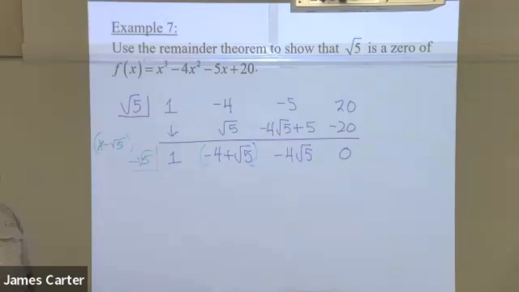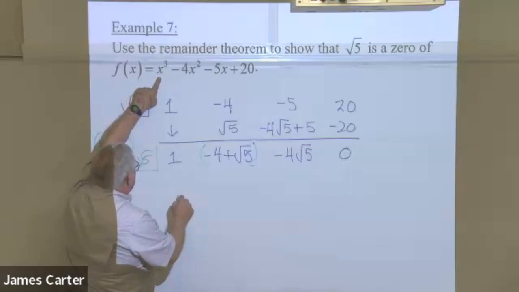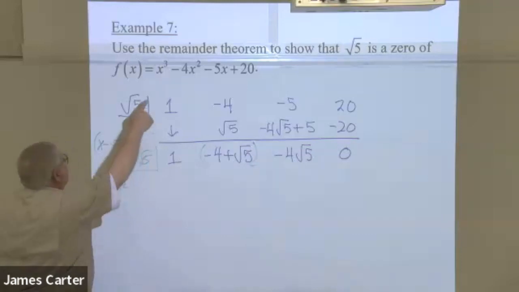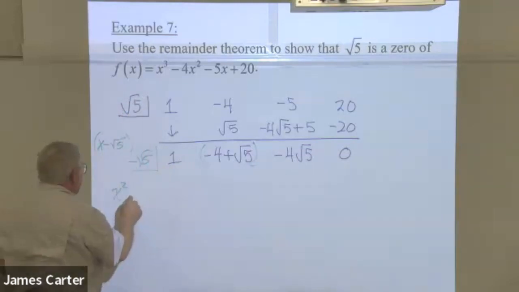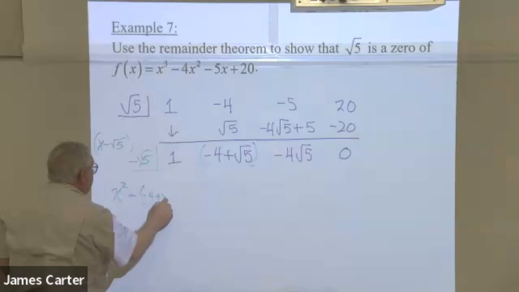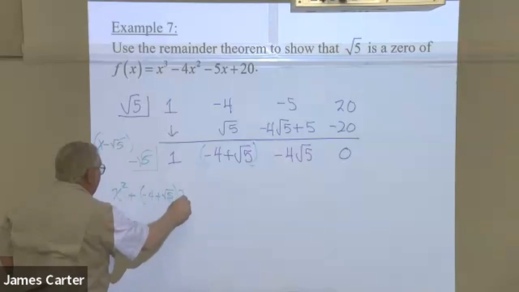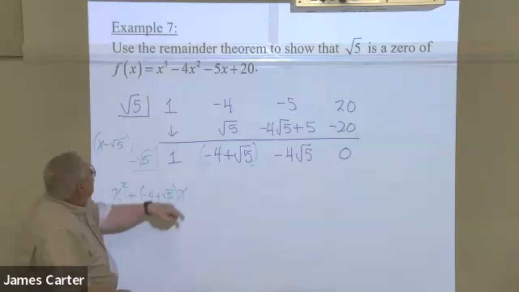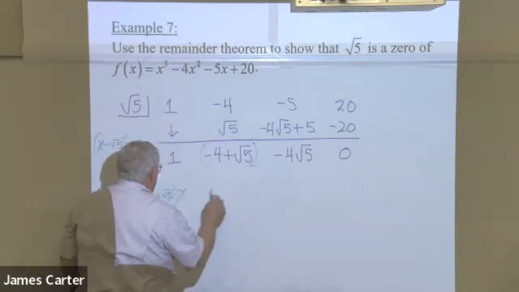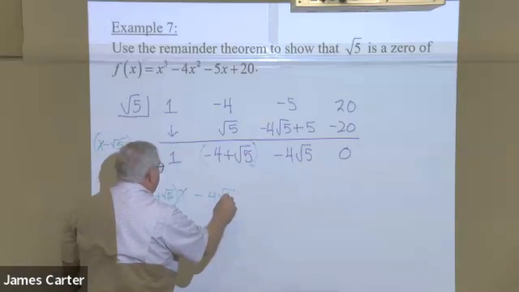Yes, I have a question. So what would the total answer of that be? It started out cubed. So this would be 1x squared, or x squared, 1 degree less, minus negative, or plus, -4 plus radical 5 x, 1 less here, minus 4 radical 5.